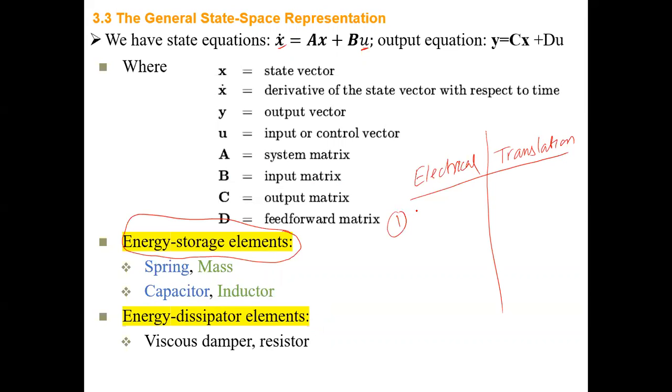In translation, you have a spring, mass, then you have viscous damper, right? You have those elements there. Oops, I switched it, didn't I? My bad. This is translation.